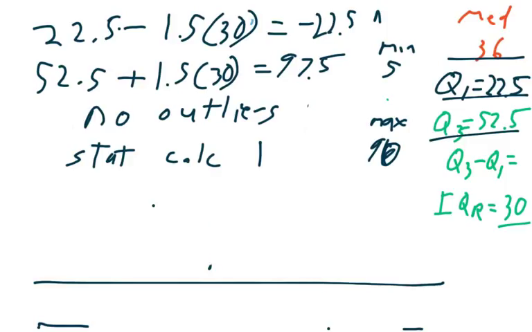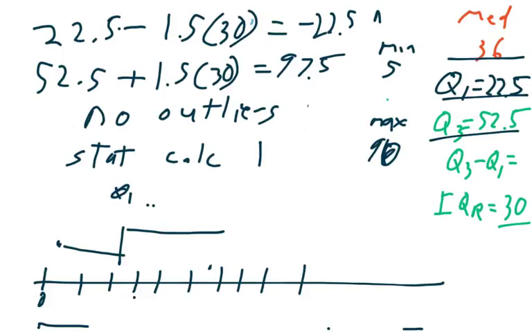So when I draw my box plot, pretty much we have 0, 10, 20, 30, 40, 50, 60, 70, 80, 90. So here's 5, and then it goes to 22.5, and that's where I'm going to make my Q1. And then it goes to 52.5, with 36 in the middle to be my median.